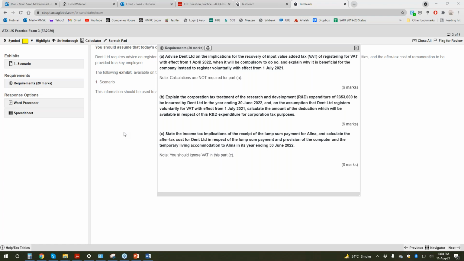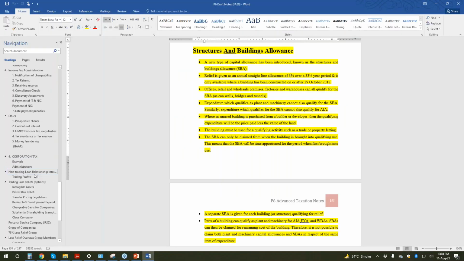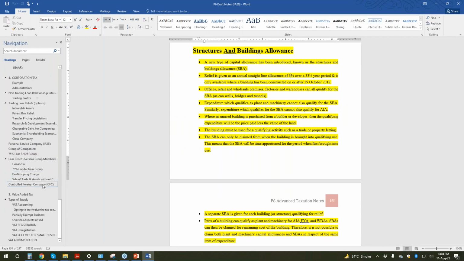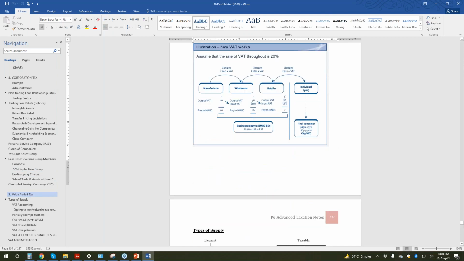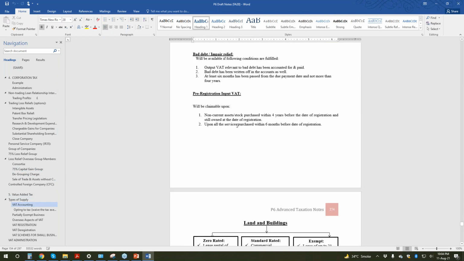Then the part relates to recovery of input VAT before the registration. So this is a topic called pre-registration input VAT. You can find it in my notes in the VAT section. So what happens in pre-registration input VAT?